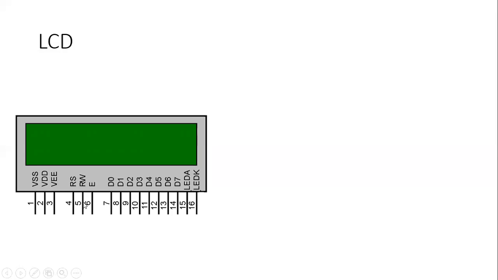Pin number 5 is RW, pin number 6 is enable, and pins 7 to 14 are the data pins, through which we can read the command from the LCD and also write data into the LCD. Pins 15 and 16 are for the anode and cathode of the LCD.